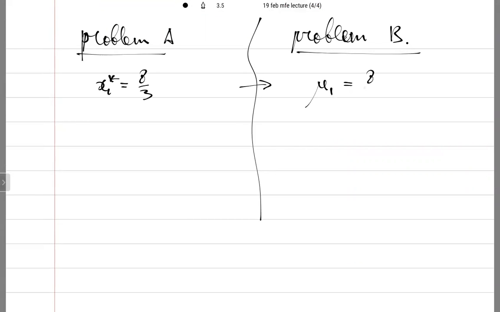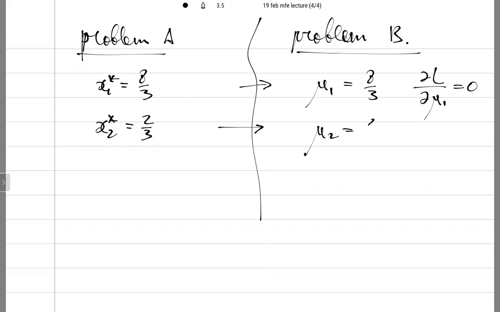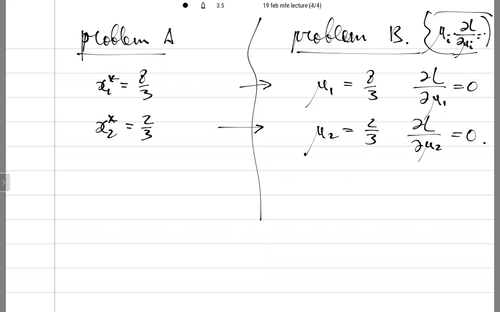Mu1 is 8/3, dl d mu1 is 0. X2 star is 2/3, that mu2 is 2/3, dl d mu2 is 0, because in first order condition we should have mu times dl d mu is 0.